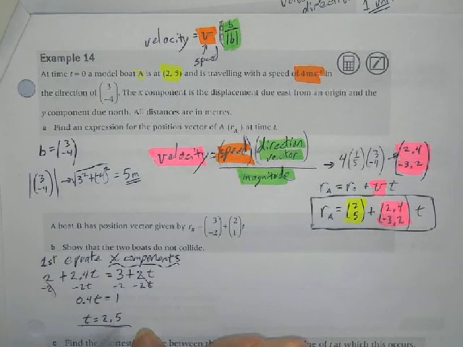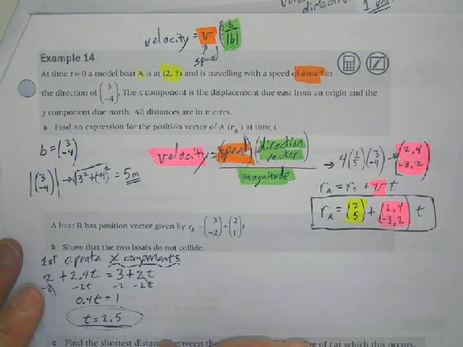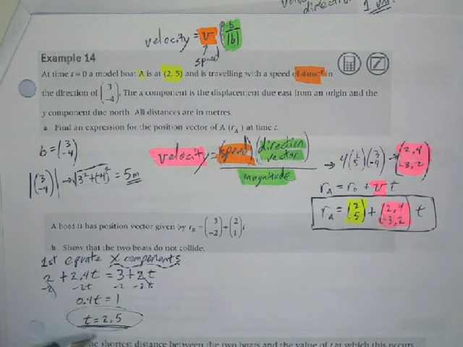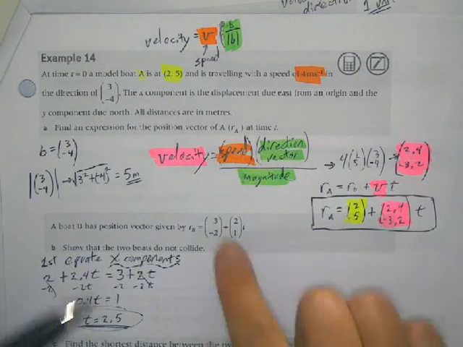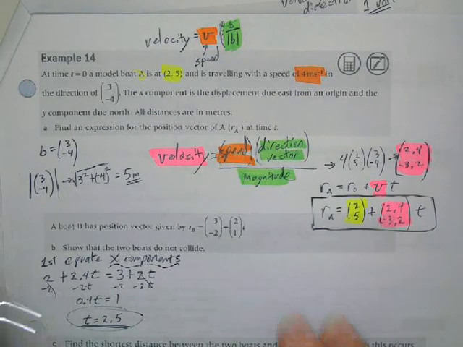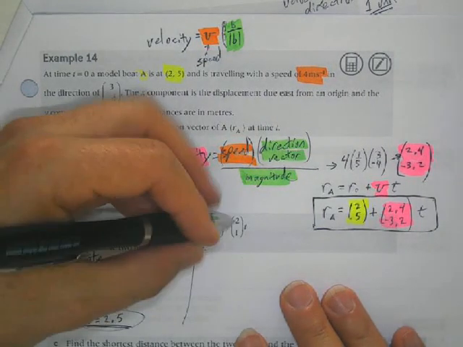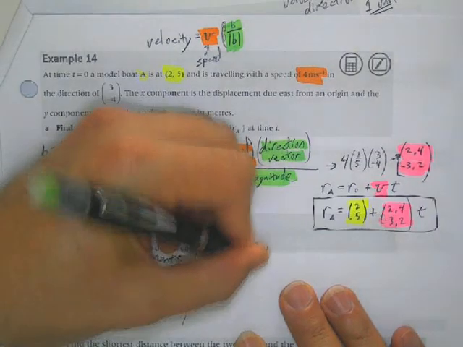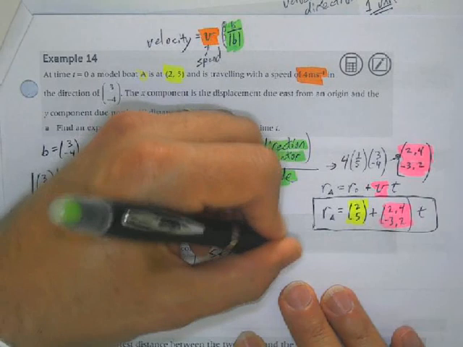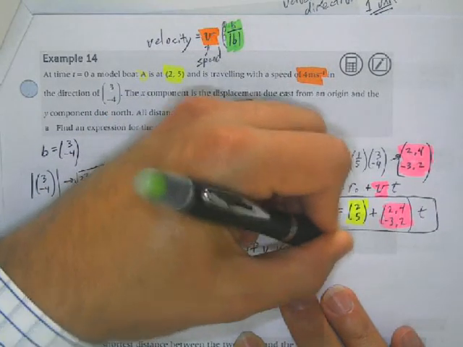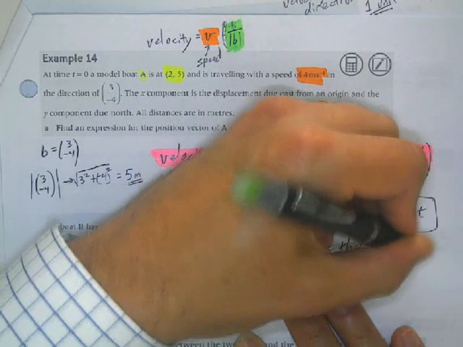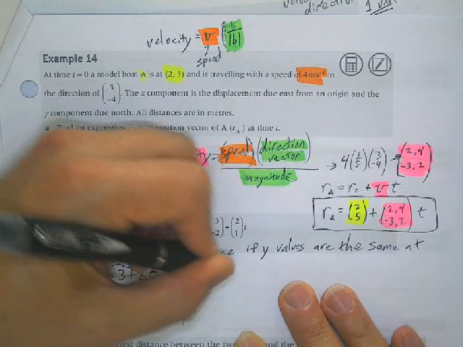Okay, so now, at time 2.5, my x values are the same. So now we want to see if the y values are the same at t equals 2.5.